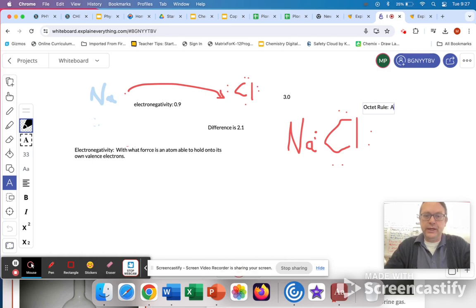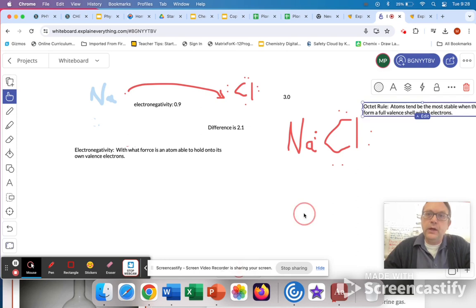meaning atoms tend to be the most stable when they form a full valence shell with 8 electrons in that shell. As a trend, not a rule, there are certainly exceptions.